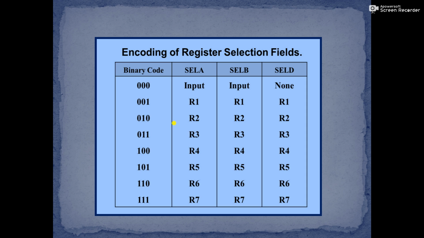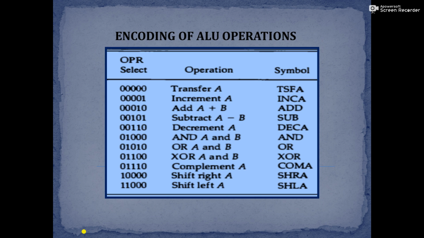In R3, 3 is a decimal value, and the binary equivalent of decimal 3 is 0, 1, 1. Similarly, we can do this for all registers. This table also shows the encoding of various ALU operations. The OPR field has 5 bits and each operation is designated with a symbolic name.